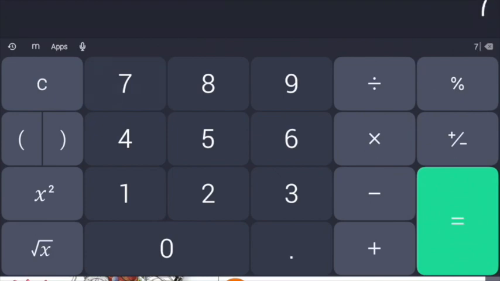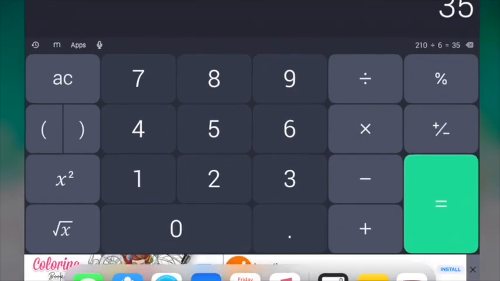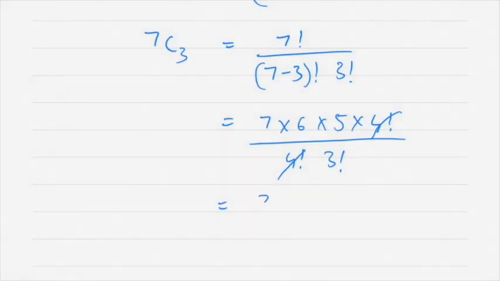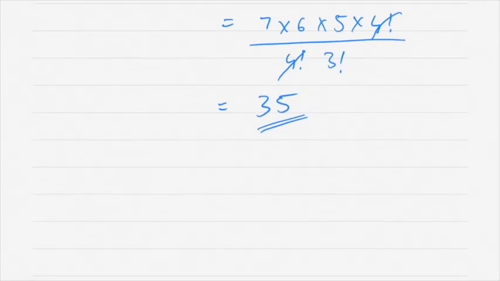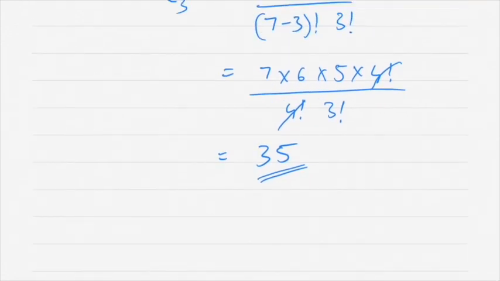So 7 into 6 into 5 is equal to 210. Divide by 3 into 2 is 6. So divide by 6 is equal to 35. So 35 is your sample space.